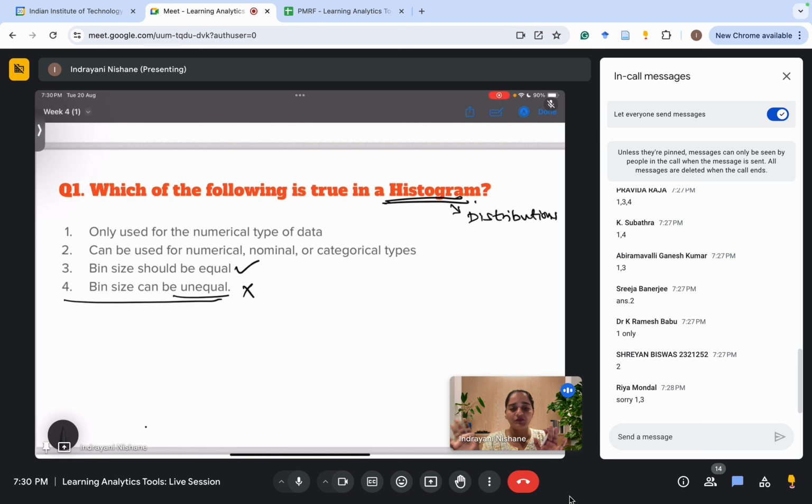Let's keep it as simple as possible, because our readers, our stakeholders for whom we are creating these visualizations, may not be well versed with the statistical concepts or with converting unequal bin size into a proper interpretable distribution.